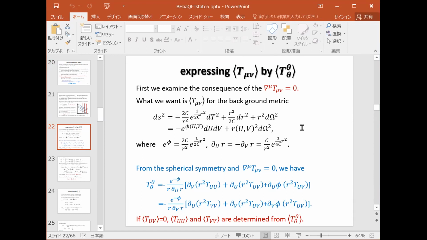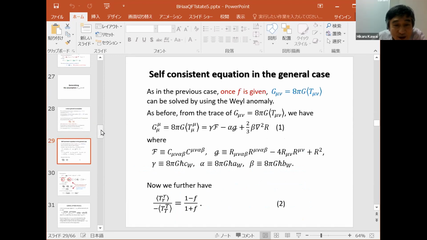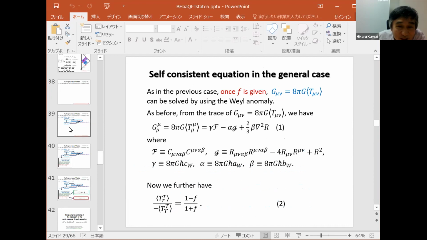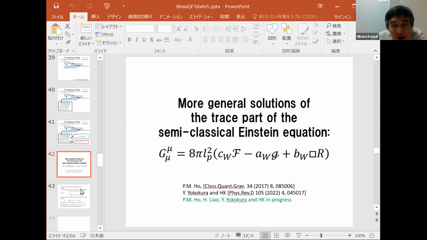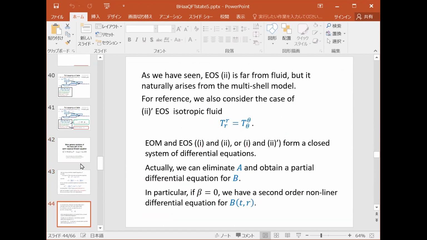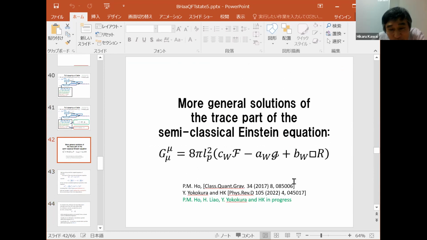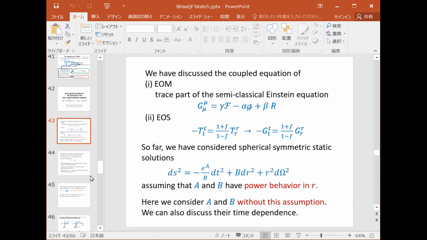So in some sense, Kawai-san, you assume some particular solution matching the conformal anomaly. Yes, it's true. Sorry, I did it too slowly. Here we consider a general solution to this equation.